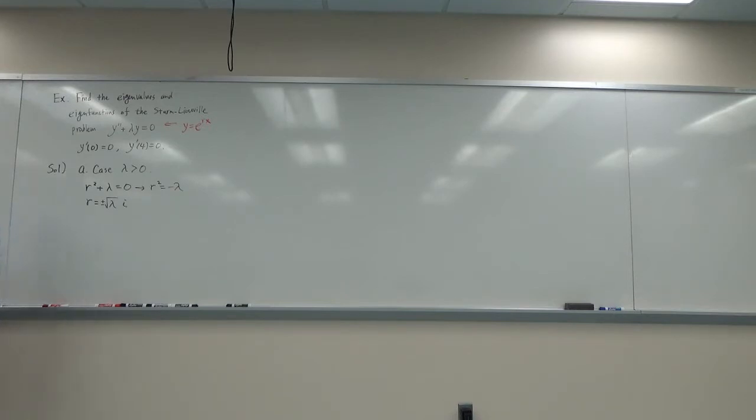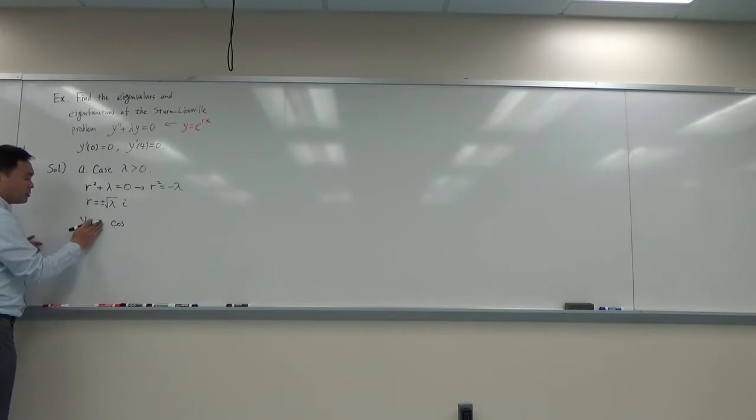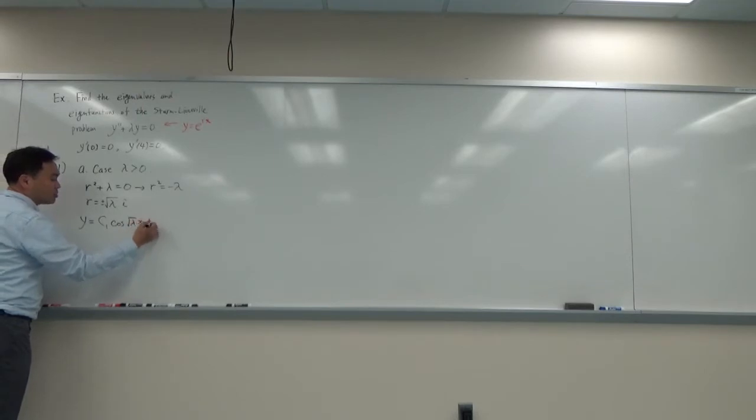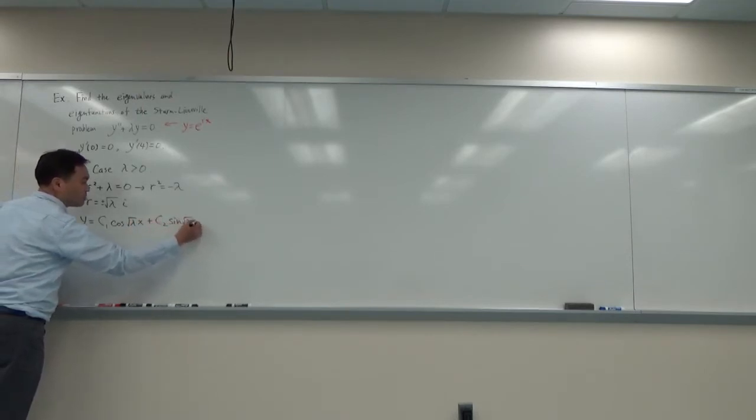But because you want real valued solutions rather than complex valued ones, you just take the real part and the imaginary part separately to create the solution, which looks like y equals c1 times cosine of square root of lambda times x, plus c2 times sine of square root of lambda times x.